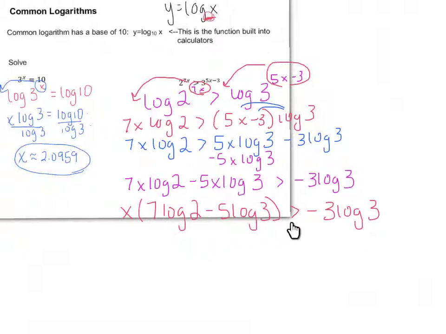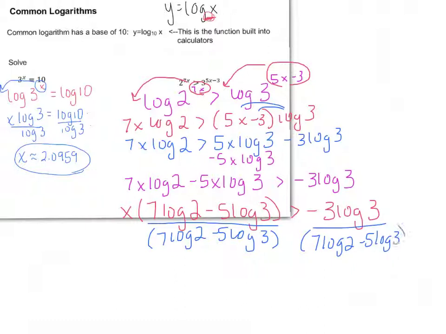Just make sure that if you do that, you leave it to the nearest 4 or 5 decimal places. But to get the x alone, we just have to divide by this number. So we're going to divide by 7 log of 2 minus 5 log of 3, or if you already figured out what that number is, you can just divide by that number.